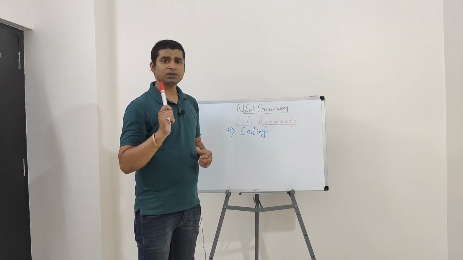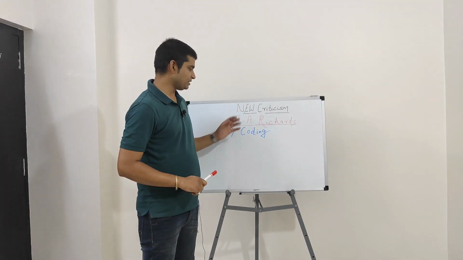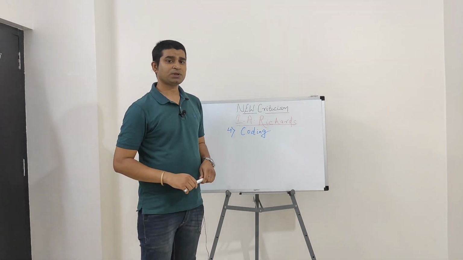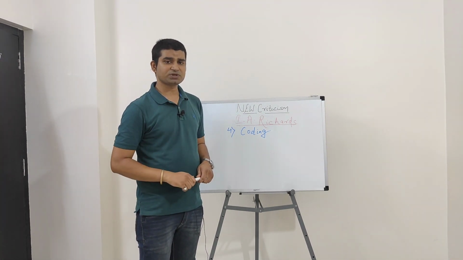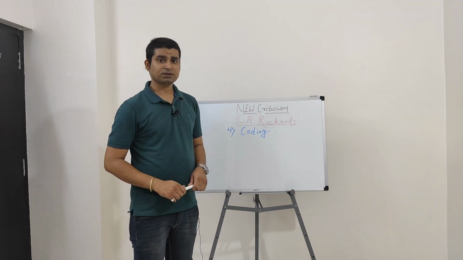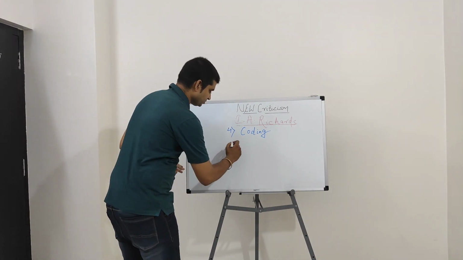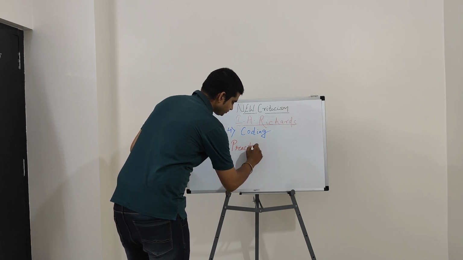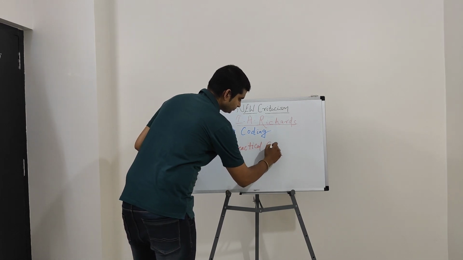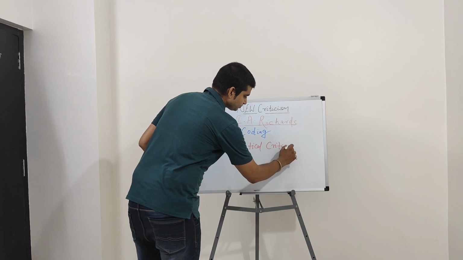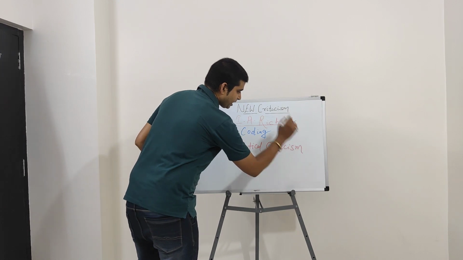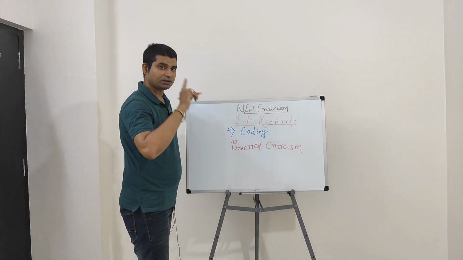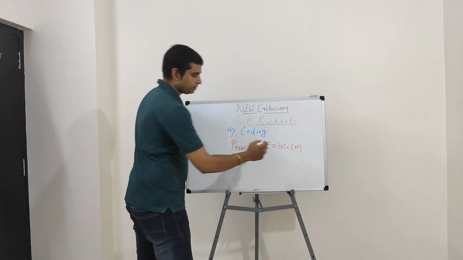Now in order to learn the important works by I.A. Richards, you should remember which work is the most important work by I.A. Richards. It is Practical Criticism. So write down Practical Criticism. And now look at how we will do the coding.